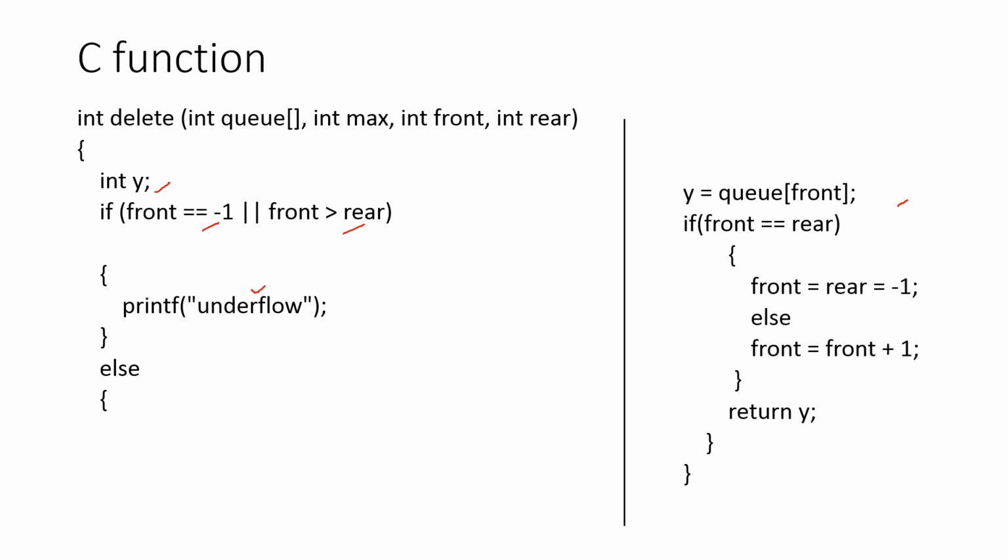Else front will become front plus 1, and the element which is deleted will be stored in y. And that y is returned. The front element which you have removed is now returned. So this is the C function for dq.